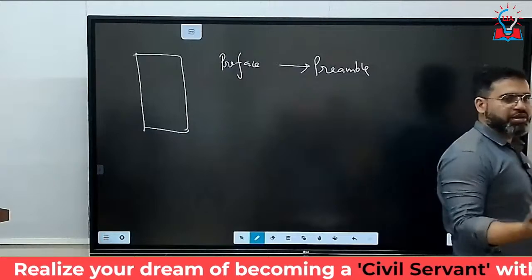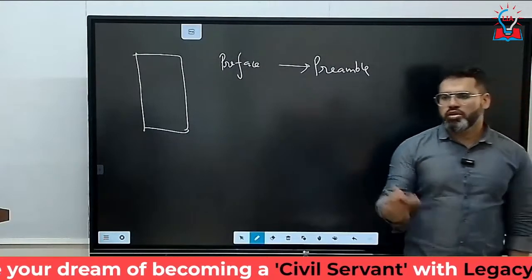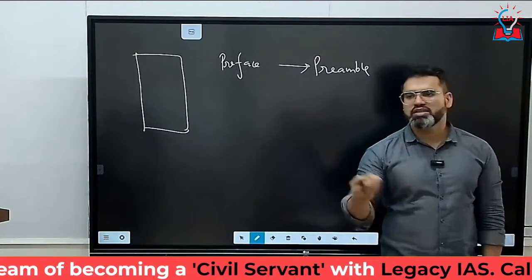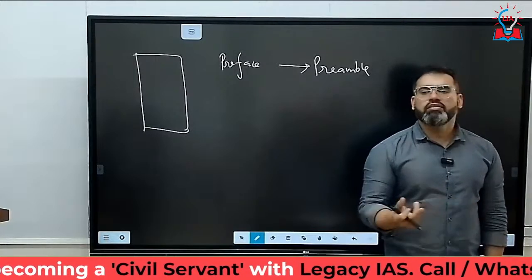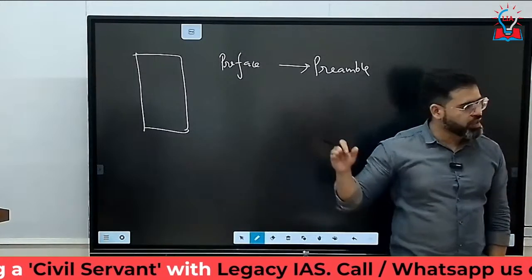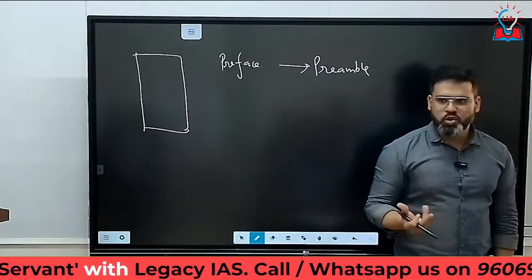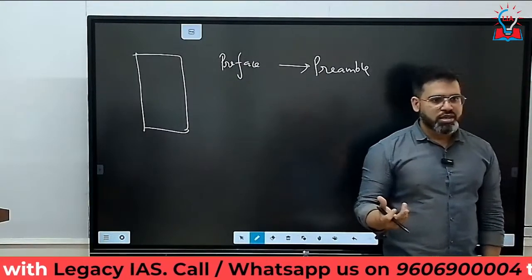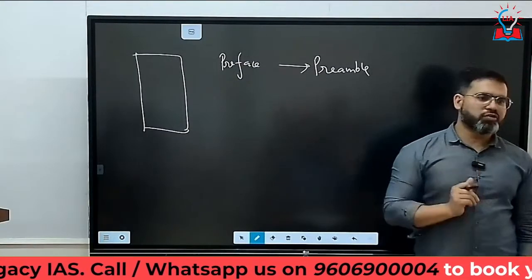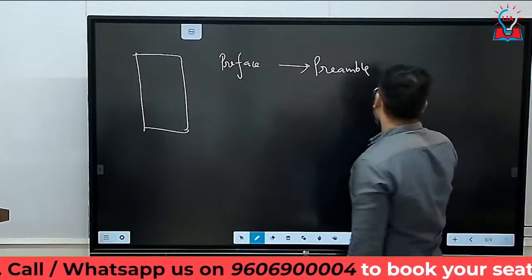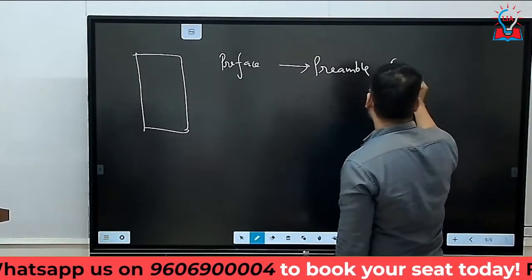For example, if you want to purchase a book at the airport, you are not going to be able to read the entire book. Just read the preface and you will understand the story behind it. Similarly, the preamble tells that information. So the preamble is basically nothing but the first introduction.